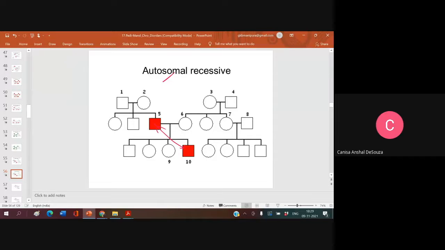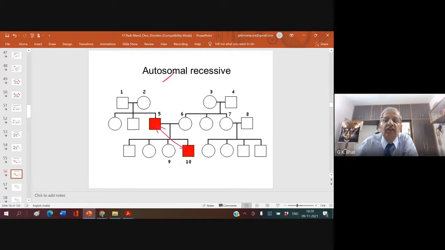In autosomal recessive, affected persons will not be there in every generation; it skips a generation. Here, the parents don't have the trait or deformity, but the children have it.